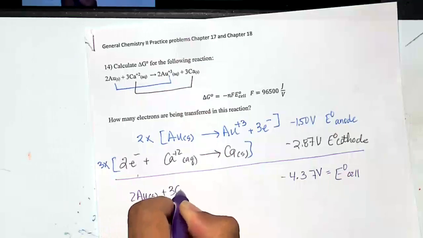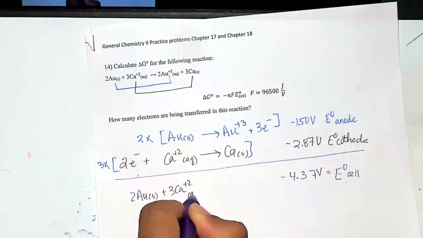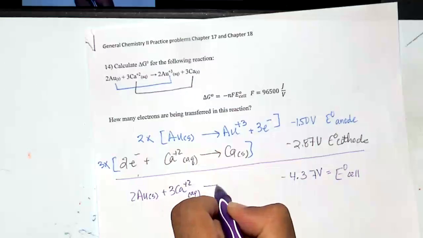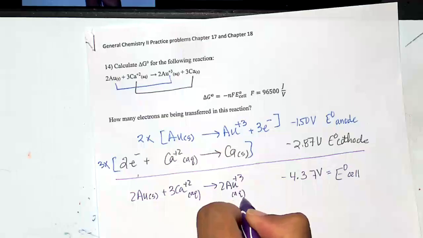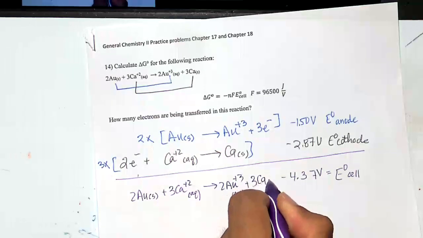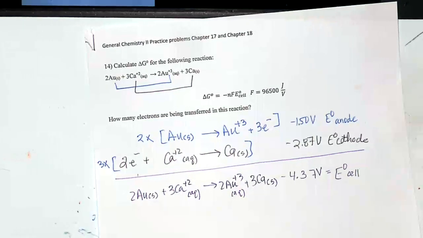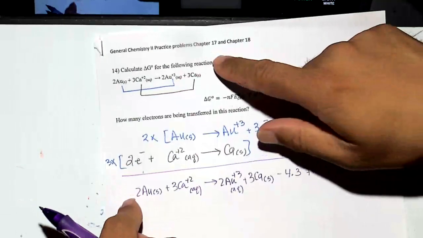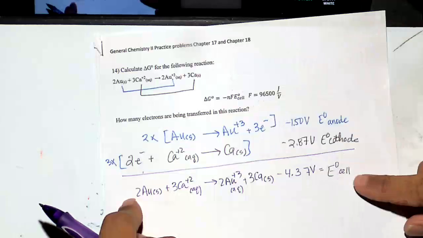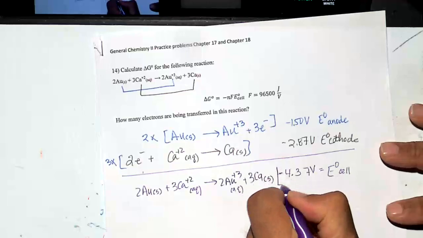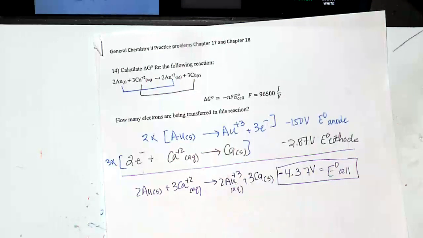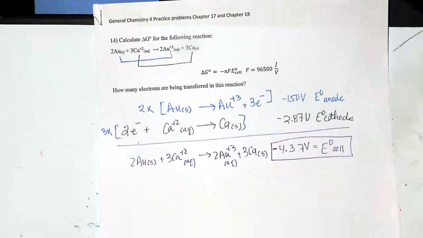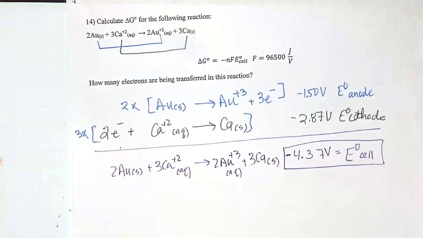We have 2 Au solid plus 3 calcium plus 2 aqueous goes to 2 Au plus 3 plus 3 calcium solid. Okay, so notice we regenerated the original problem, but now we've got E cell. And like we mentioned, this is a 6 electron transfer reaction.